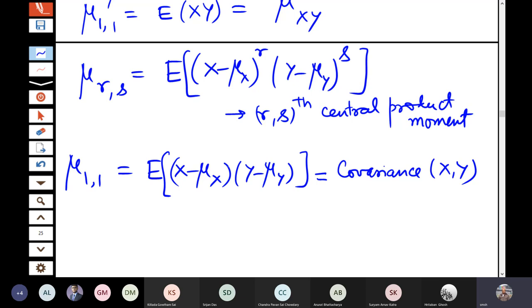Now if I am considering (x minus mu x) into (y minus mu y), it means the relative variation of x with respect to y. That means whether more values of x bigger than mu x go with more values of y bigger than mu y, or less. So it is the relative variation of x and y with respect to their means. That is why it is called covariance between x and y. Is that clear?